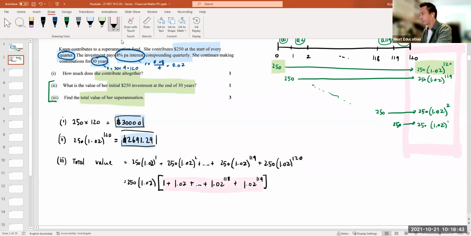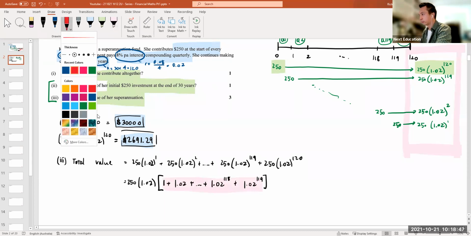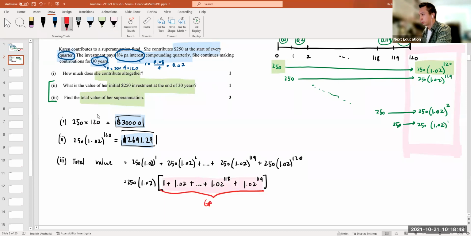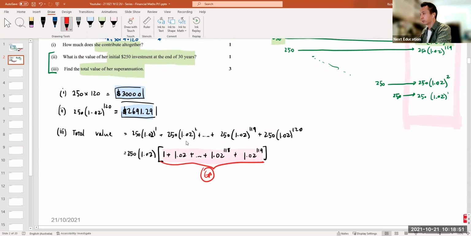Here we have a GP, right? Where we know that A is 1, R is 1.02, and N, because it's 119 with a 1 at the start, there's 120 terms. N is the number of terms, right?